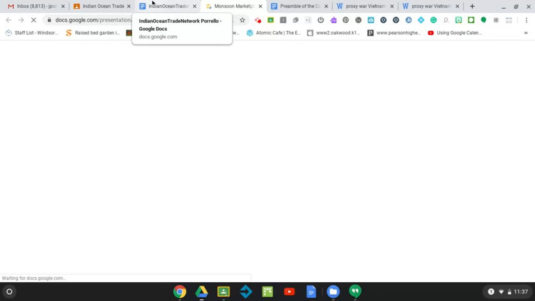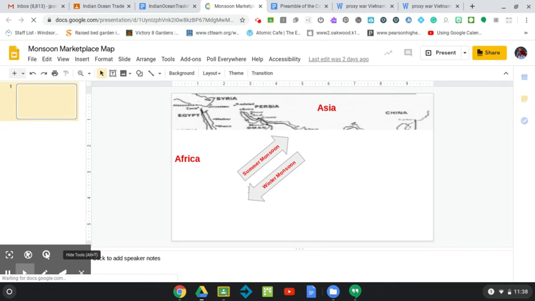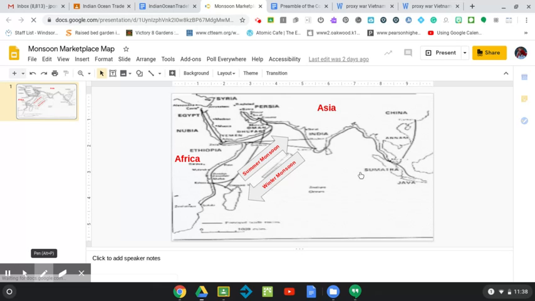And hopefully it will load up a little quicker than it did last time. Okay, so this map, which you'll see if it loads up anytime soon, is a map of Africa and Asia.